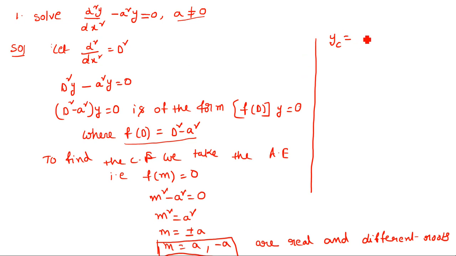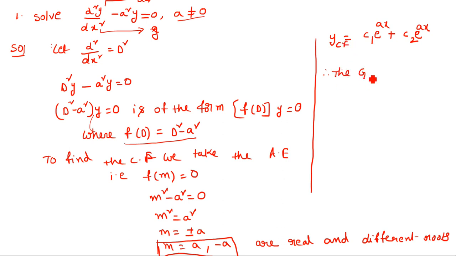We have two roots, so you have to take two arbitrary constants: yc equals c1 e power ax plus c2 into e power minus ax. Since in the given differential equation x is the independent variable and y is the dependent variable. Therefore, this is the complementary function.